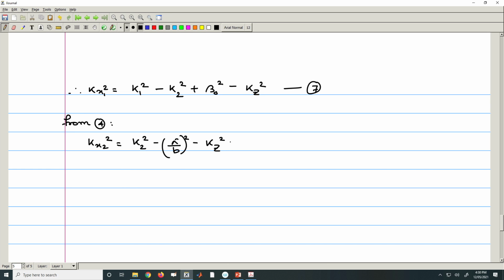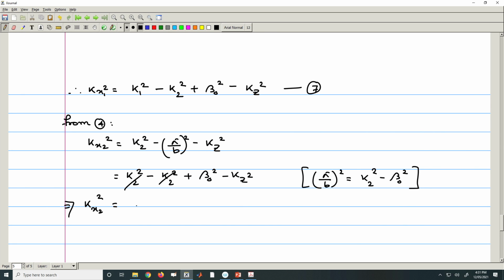In place of pi by b whole square, we substituted k 2 square minus beta naught square, giving k 2 square minus k 2 square plus beta naught square minus k z square. Now k 2 square will cancel out and we will be left with k x 2 square as beta naught square minus k z square. So, this is equation number 8.